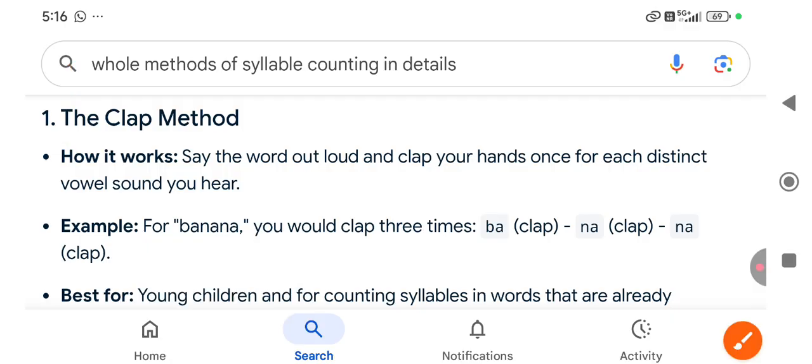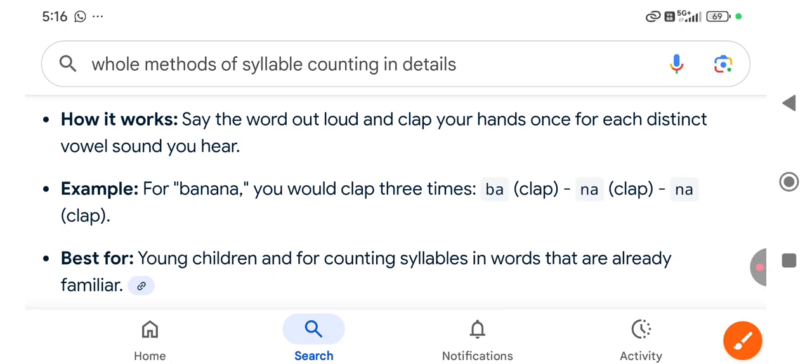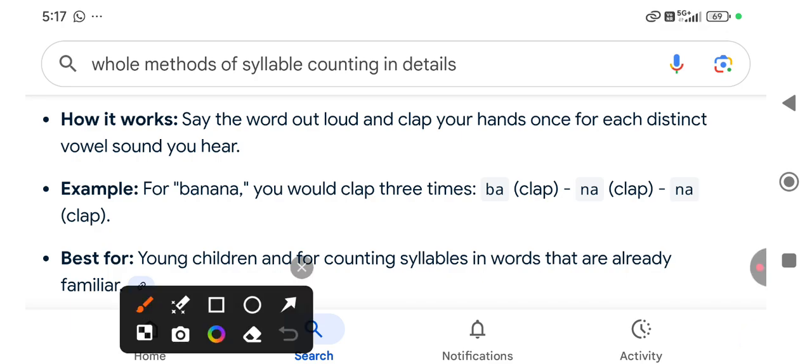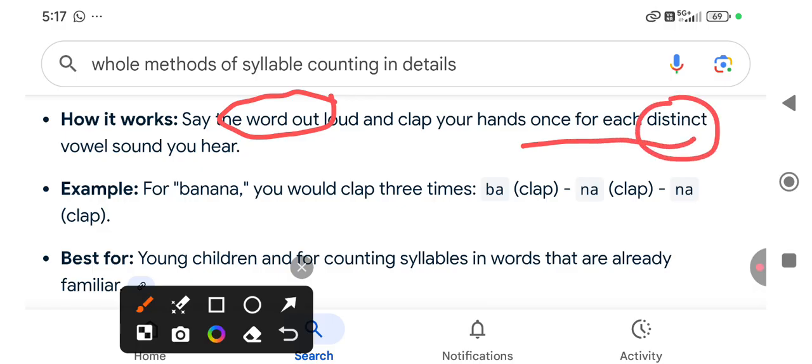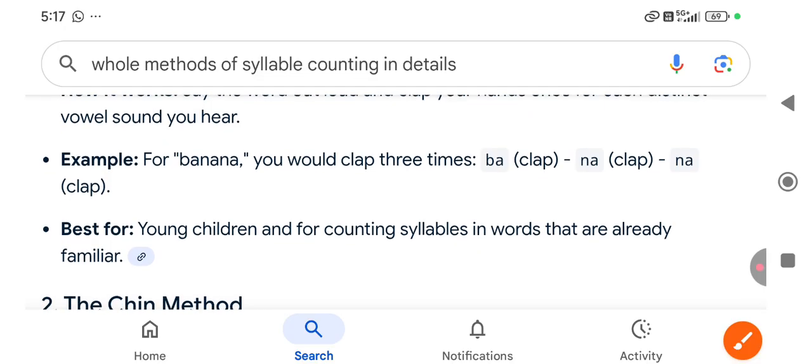So how does it work? Say the word out loud, and clap your hands once for each distinct vowel sound. As you listen, you clap for each distinct vowel sound.